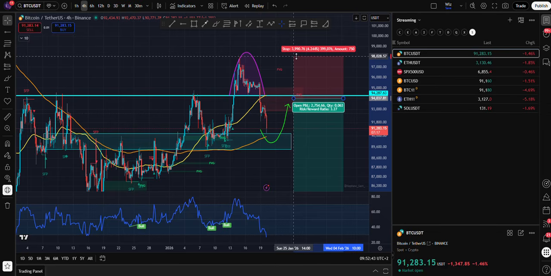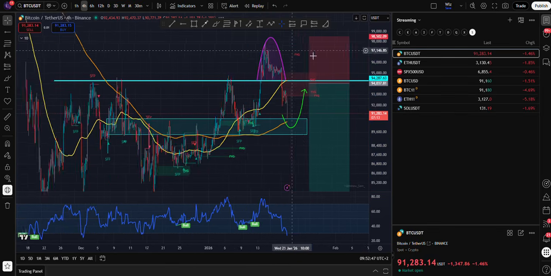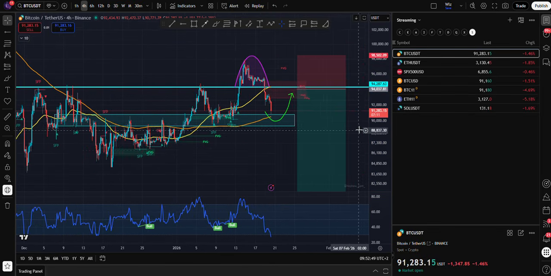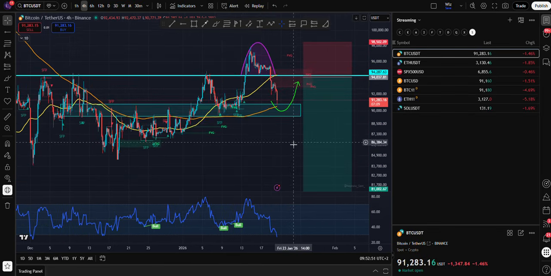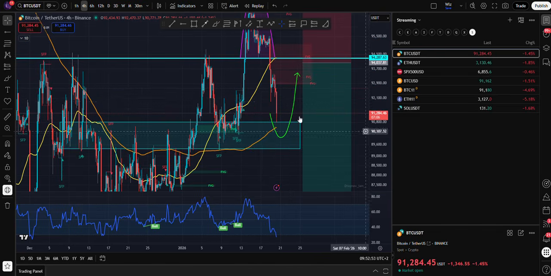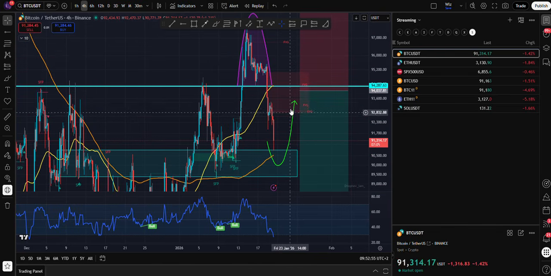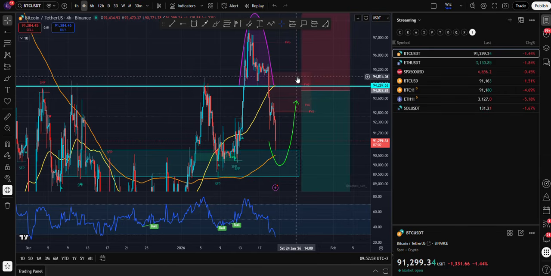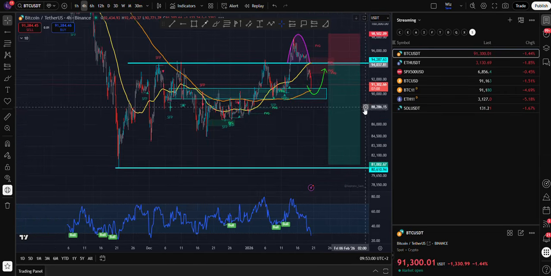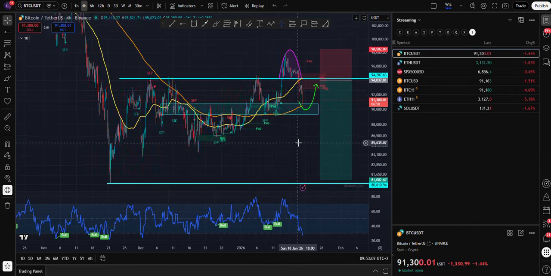I would say above 98K, somewhere around here. And I would start entering around 93, 94, and 95K. This is how I would play the swing short.